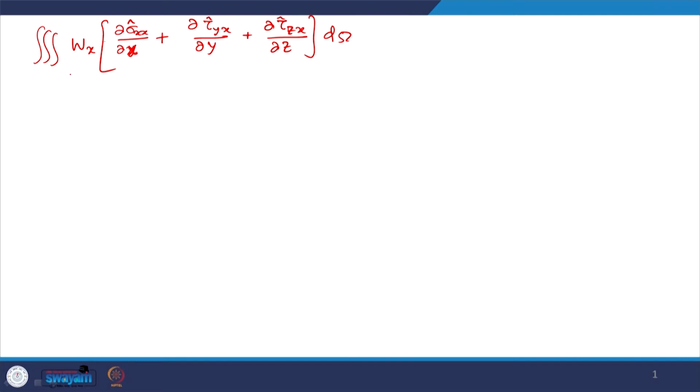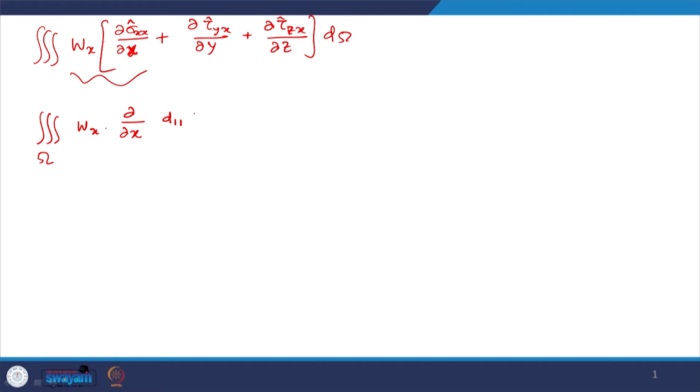So, we look at only this particular term, just to illustrate the working, how we develop the weak form. Of course, the process is similar for each term. So, domain integral of W x multiplied by del over del x of sigma x x, and sigma x x is proportional to d 1 1, the element of the constitutive relation matrix, multiplied by epsilon x x.